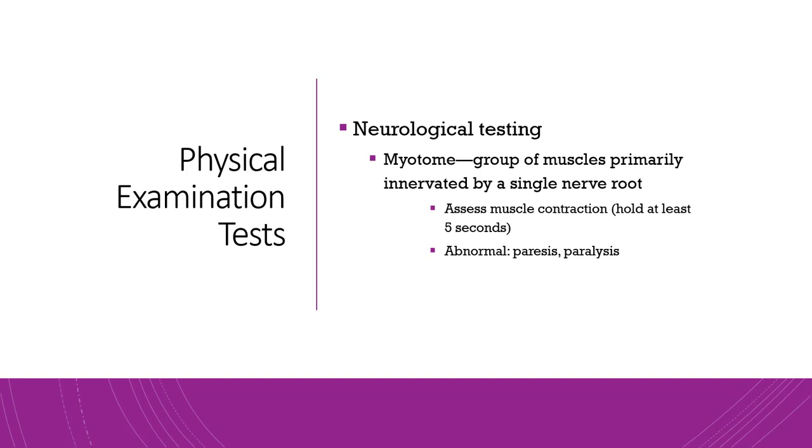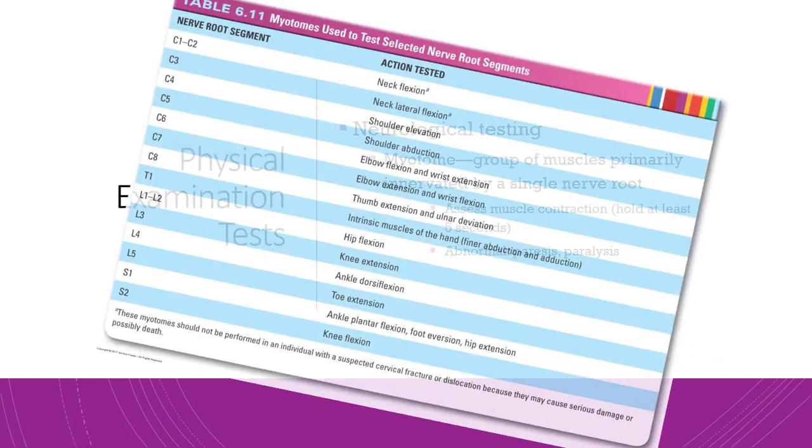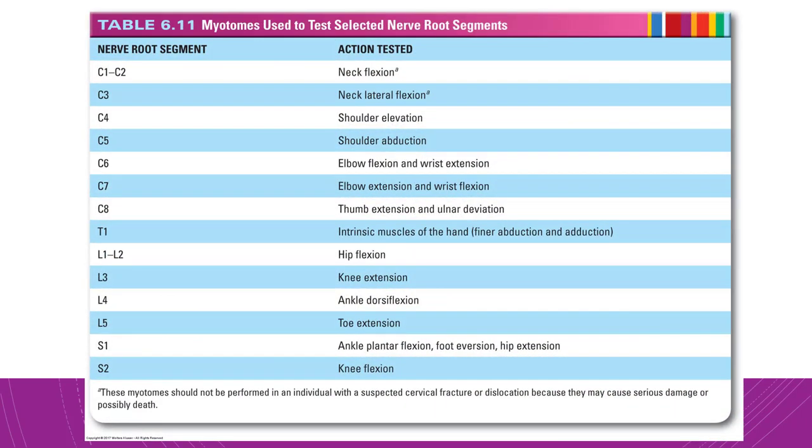If the peripheral femoral nerve, which contains the segments of L2, L3, and L4, is damaged proximal to the quadriceps muscle, then the muscle cannot receive any nerve impulses and will be unable to contract to execute knee extension. Here's a list of the myotomes that are used to test selective nerve root segments in the body.